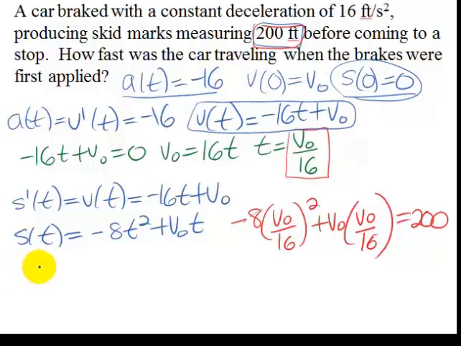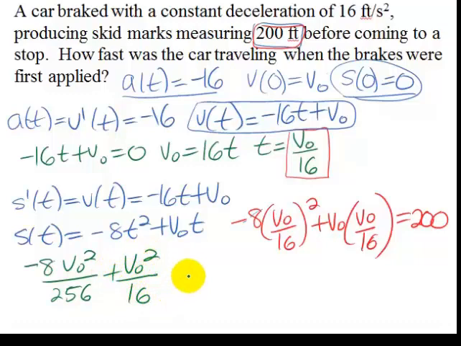Let's see what we have here. We have negative 8 v naught squared over 16 squared, which is 256, plus v naught squared over 16 equals 200. We can do a little bit of simplifying here. 8 will go in there 32 times. So we now have negative 1/32 plus 1/16 on our v naught squared.